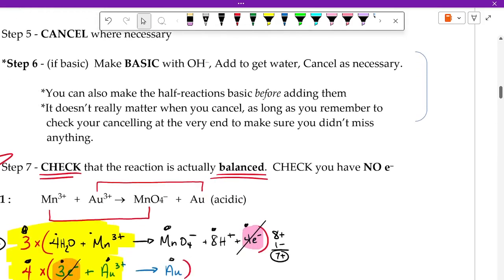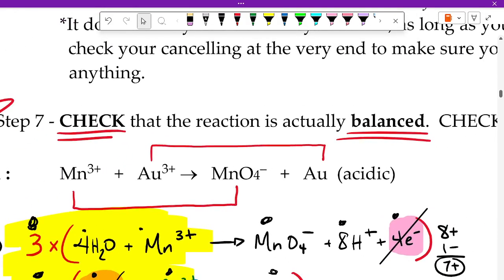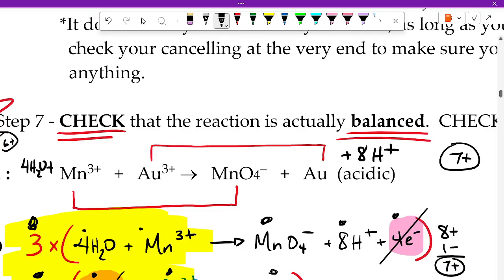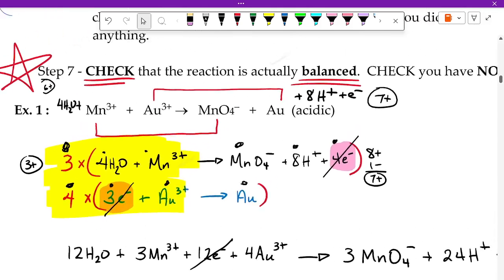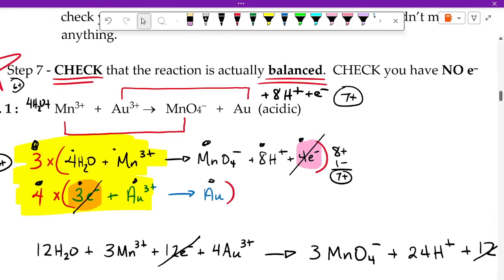They'll go straight in and say, oh, I need to have 4 waters here, and that means I need 8 hydrogens over here, and that means I got a 6 plus over here, and over here I got a 7 plus, and that means I need an electron. And I'm done. Woo! Finished balancing that redox reaction. That is completely not correct. It is not the right answer.